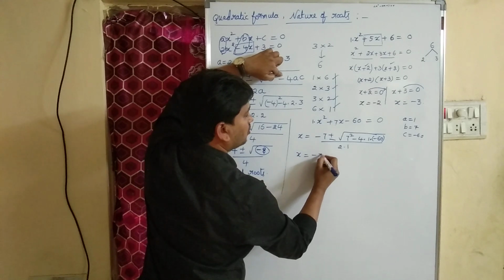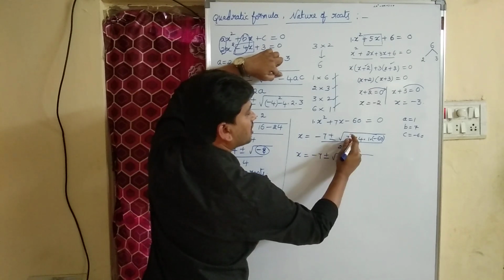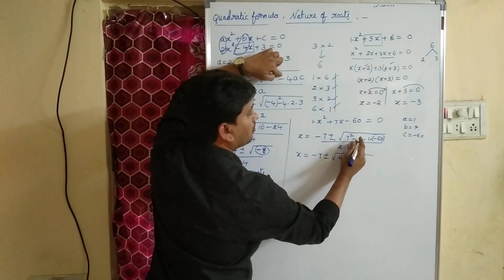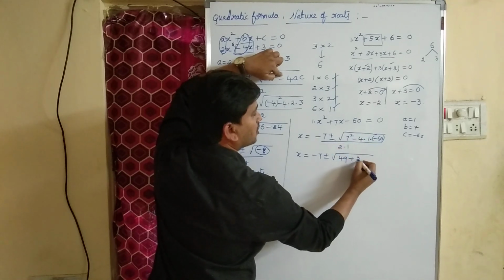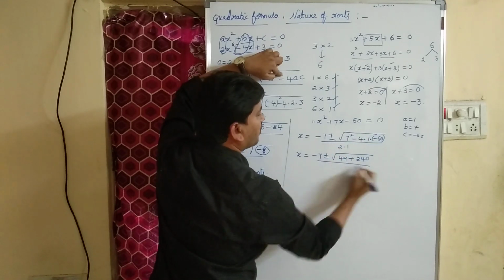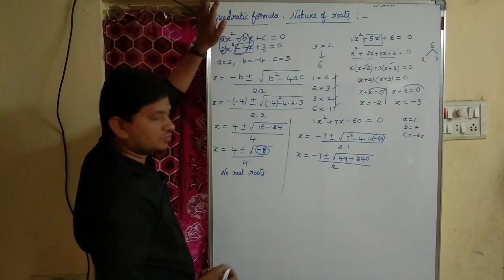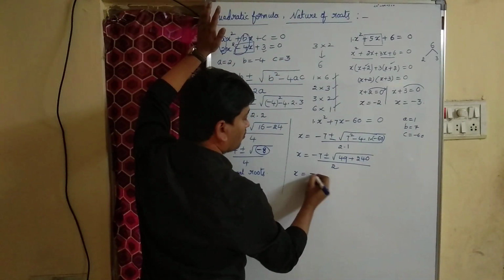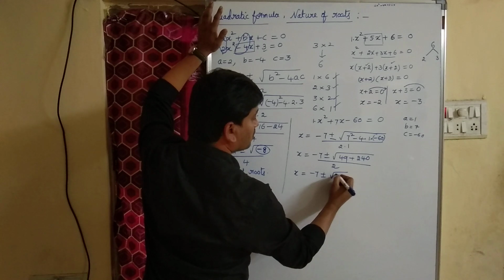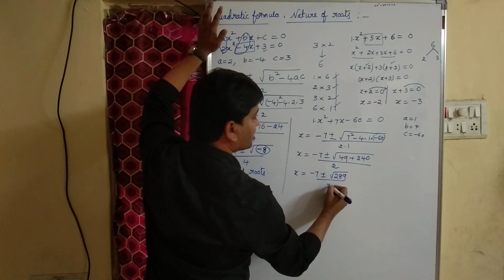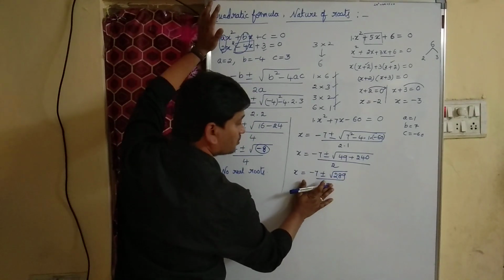So x equal to -7 plus or minus 7 square value 49 minus into minus plus, that is 240 divided by 2 1 is 2. So x equal to -7 plus or minus 289 by 2.